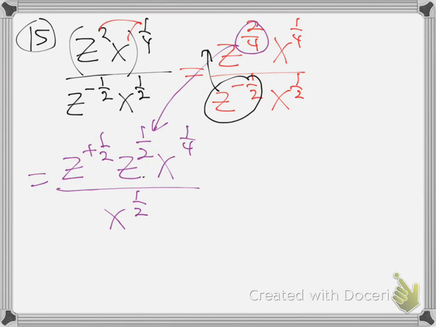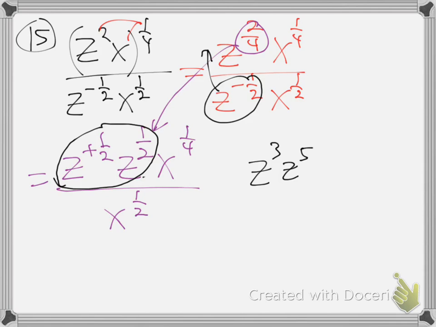Okay, what now? What needs to happen now? What are these guys going to do? If that was like z to the 3rd times z to the 5th, it'd be z to the 8th, wouldn't it?